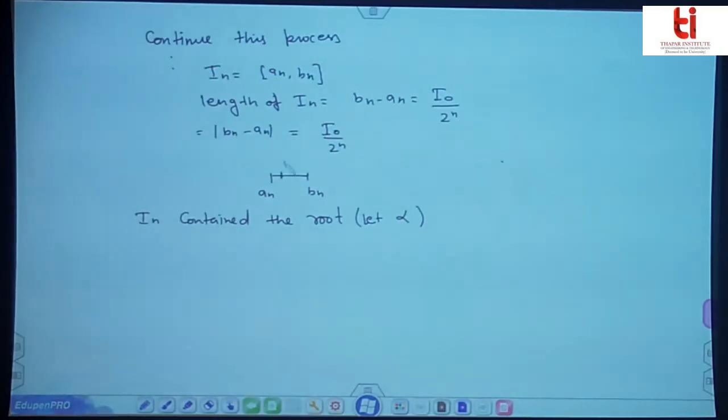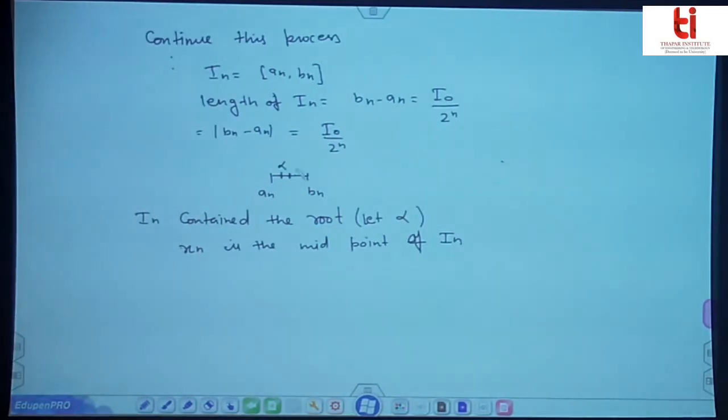Let us suppose alpha is somewhere here, and suppose xn is the midpoint of the interval In.